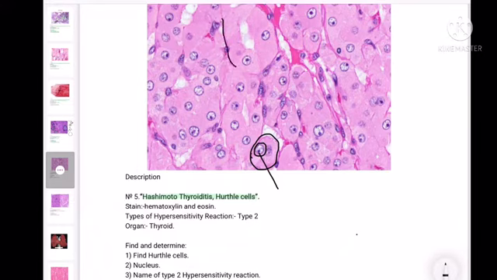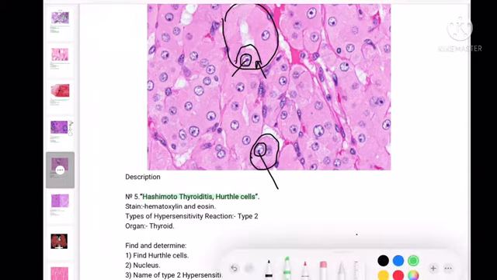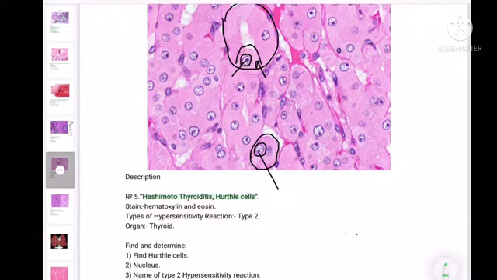If I consider this one a thyroid follicle, normally the cells are not that big and eosinophilic. So bigger atypical nuclei, prominent nucleolus and pinkish cytoplasm. These are the Hurthle cells. They can also be found in some cancers of the thyroid gland. So Hurthle cells are seen in Hashimoto thyroiditis, H&E staining, type 2 hypersensitivity, organ is thyroid.